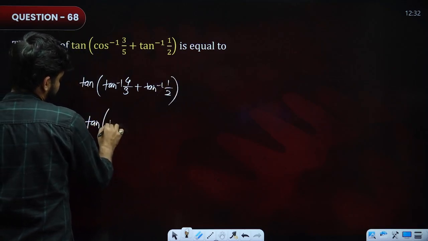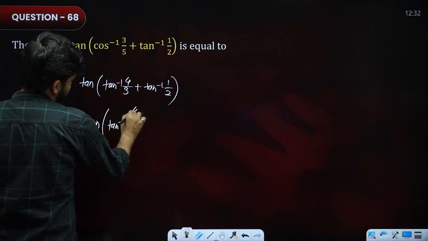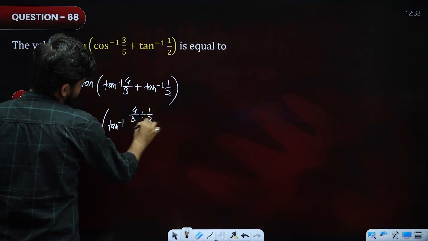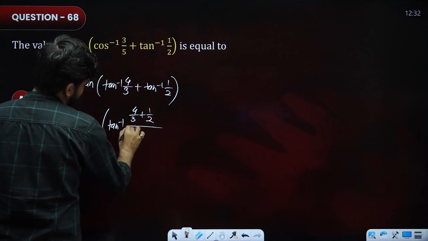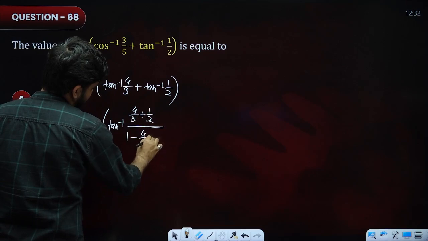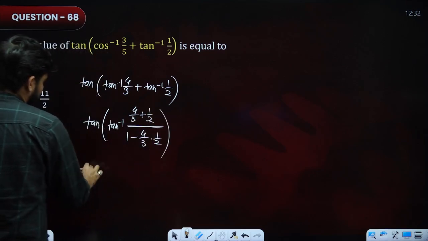tan inverse 4 by 3 plus 1 by 2 upon 1 minus 4 by 3 into 1 by 2.